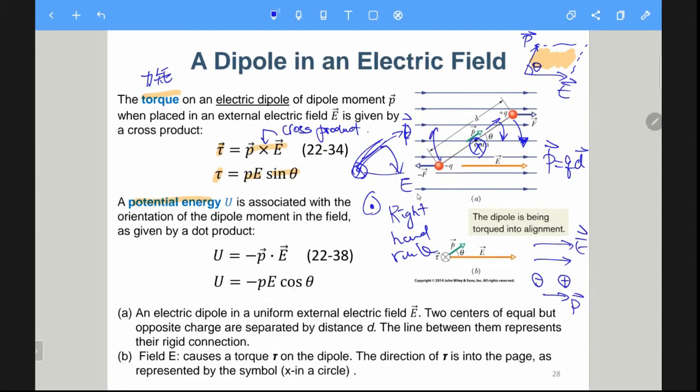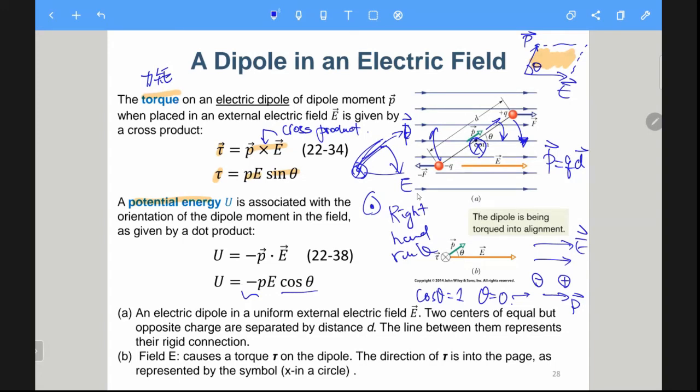In that case, theta is 0. Cosine theta should be 1. But with this negative sign, which means this is the lowest potential energy.